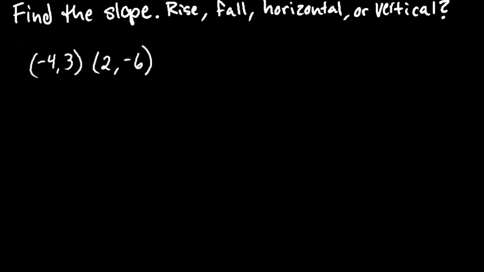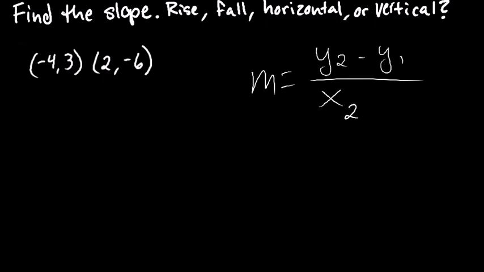Alright, I'm going to need to be able to find my slope and determine whether it rises, falls, is horizontal, or vertical. So here I'm using m equals y2 minus y1 over x2 minus x1. So I'm going to go ahead and do -6 minus 3 over 2 minus -4.